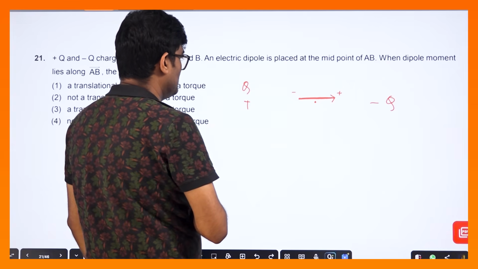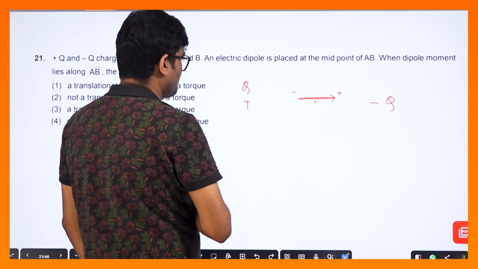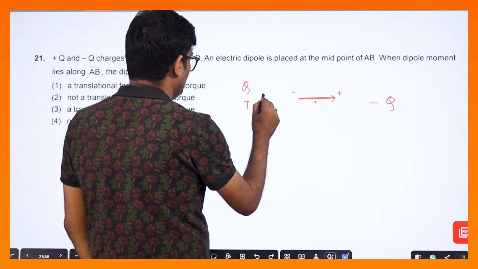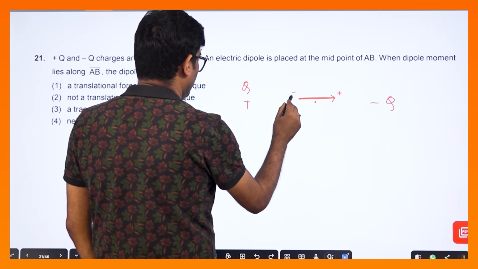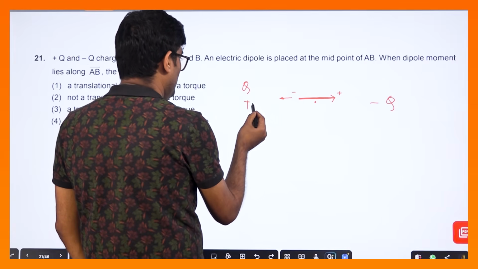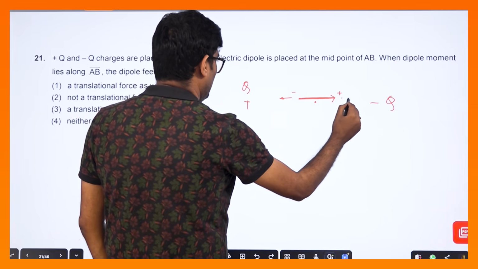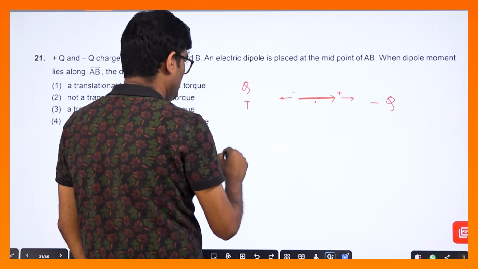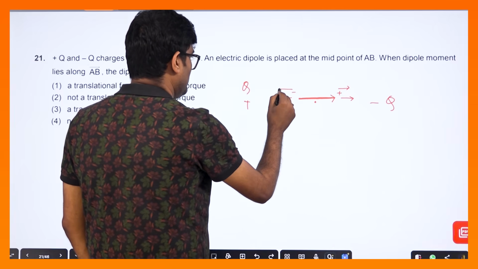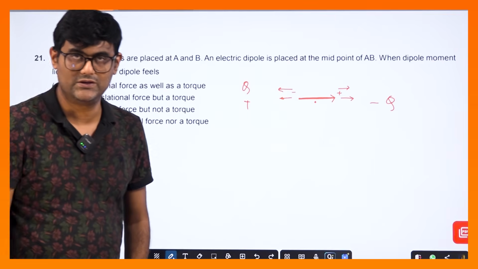So what is the force on this dipole? I think this plus q will attract it by the same amount this minus q will attract it. Also, this plus q will repel it by the same amount this minus q will repel it. So the net force will be 0, right?